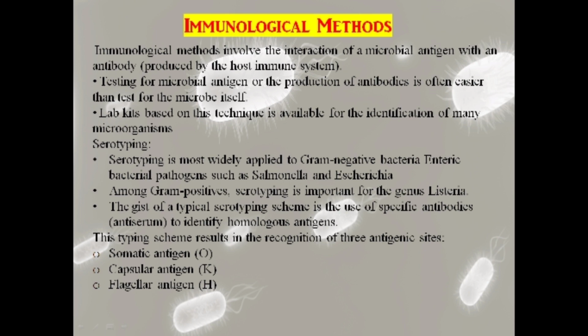The gist of a typical serotyping scheme is the use of specific antibodies or antiserum to identify homologous antigens. This type of scheme results in the recognition of three antigenic sites. First one is somatic antigen, second is capsular antigen, and third flagellar antigen.